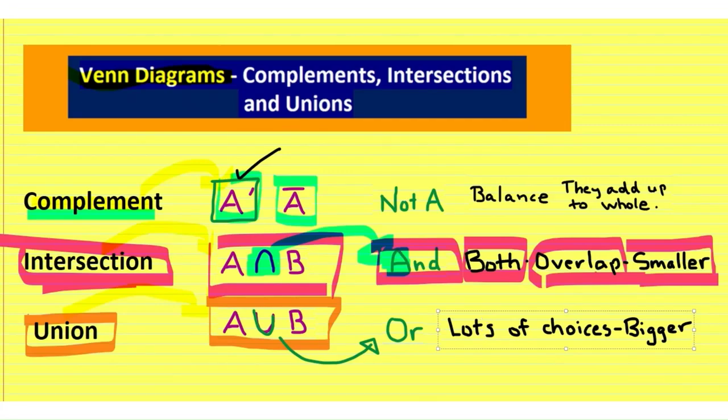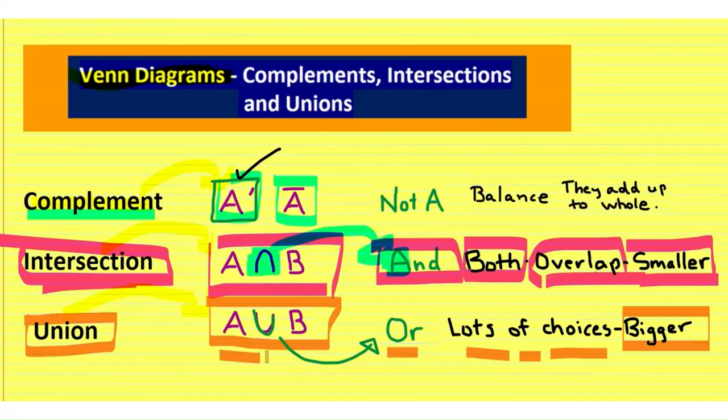Well, anytime I think about set A or set B, I need to think lots of choices. And so it typically will be a bigger set of elements as opposed to a smaller set of elements. A union with B means set A or set B, and it means lots of choices.